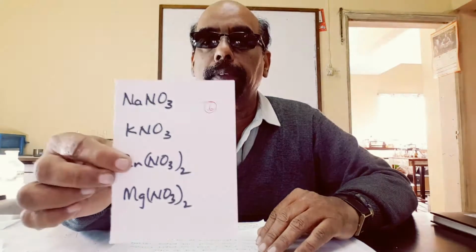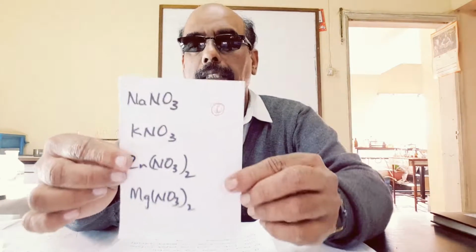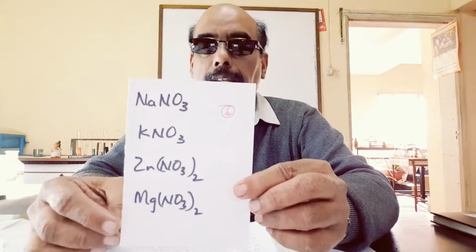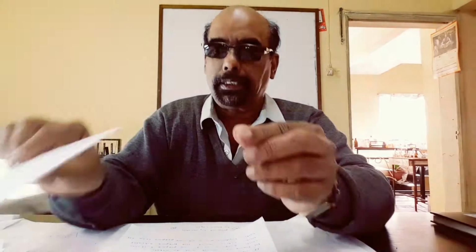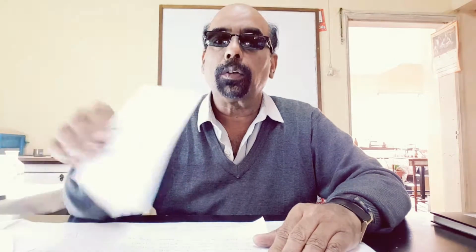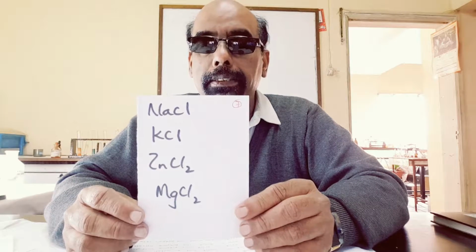With nitric acid, we get nitrates. These are nitrates: sodium nitrate, potassium nitrate, zinc nitrate, and magnesium nitrate. With hydrochloric acid, we can prepare chlorides: sodium chloride, potassium chloride, zinc chloride, magnesium chloride.